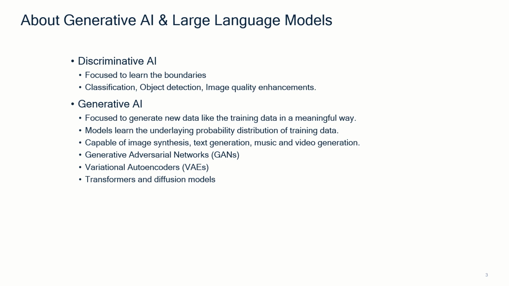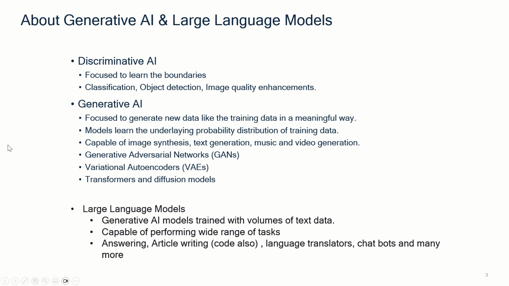In these kinds of models, we see a wide variety of networks based on GANs, variational autoencoders, and transformers. We now have generative AI models that can emit text, image, video, and speech, and there are even models which can do a combination of all these.